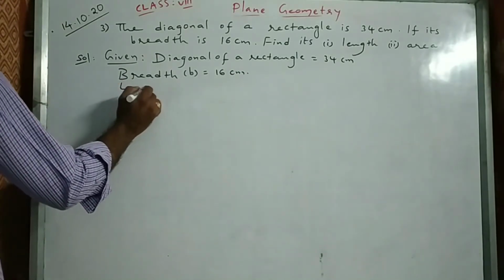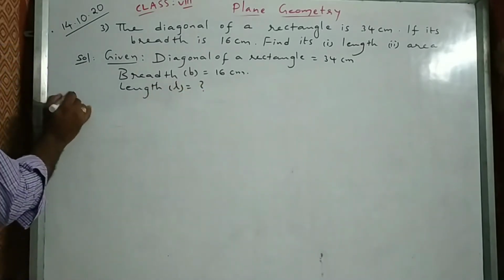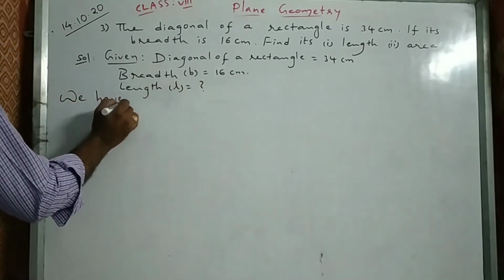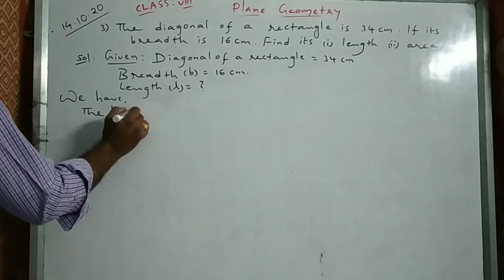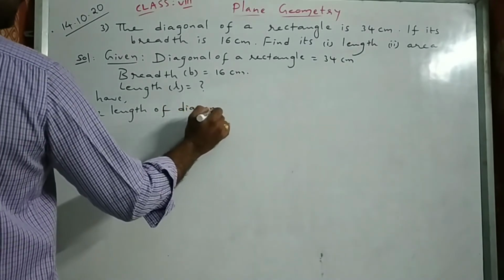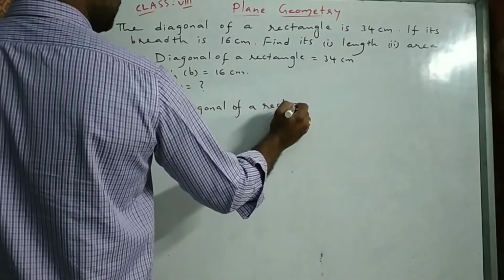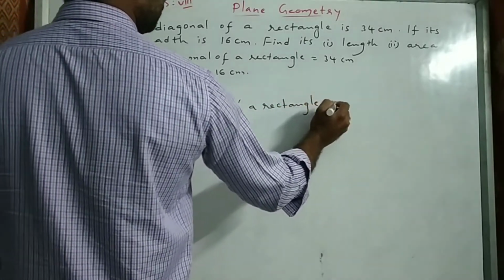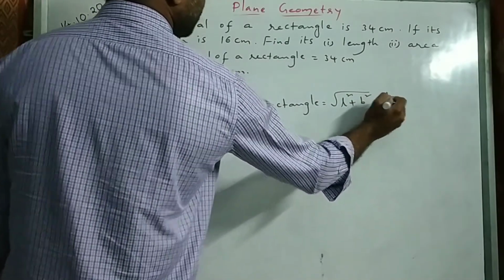Length L equal to question mark. We have, what is the length of diagonal formula? The length of diagonal of a rectangle is equal to square root of L square plus B square units.